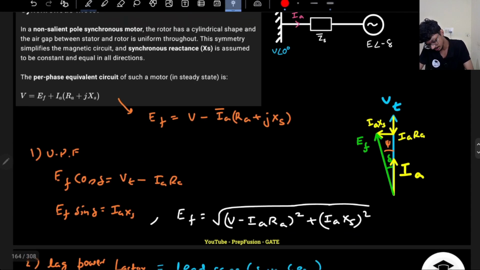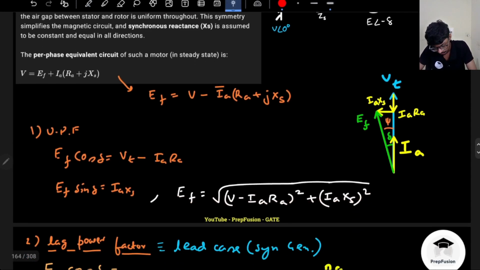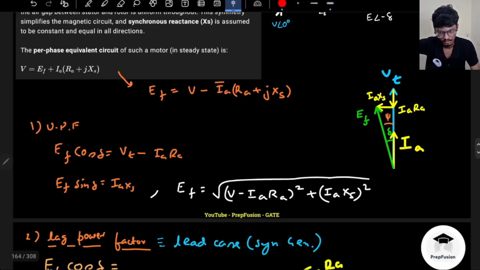Okay, so this is what my EF will be equal to in case of a unity power factor, and this is the same as delta, so I'm not deriving it.